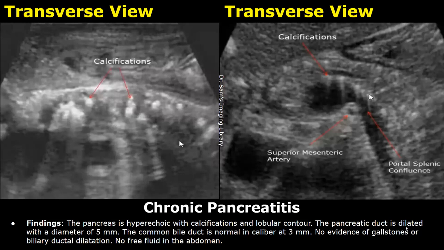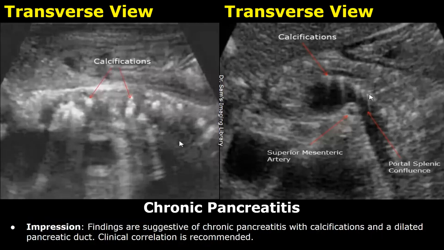In this case, it was dilated with a diameter of 5 millimeters. After writing these statements, you can write about the CBD and comment on gallstones or biliary ductal dilatation. And in the end, you can write about free fluid in the abdomen.